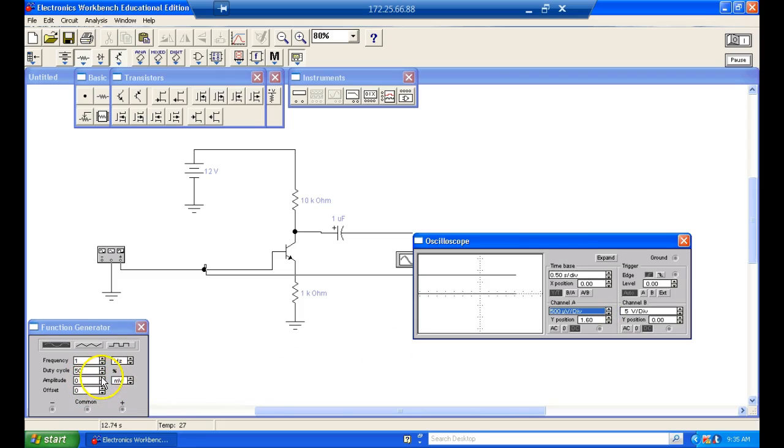Oh, I got 0 over here. So you can see the input is starting to go, but the output is still sitting at 0. And why is that? So here's my output right here. Here's my input. Let's move the output down to the other side.